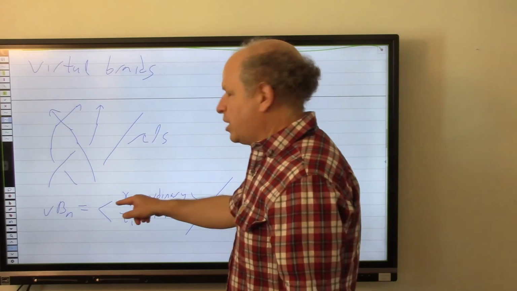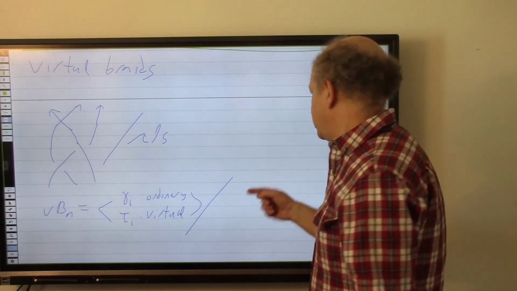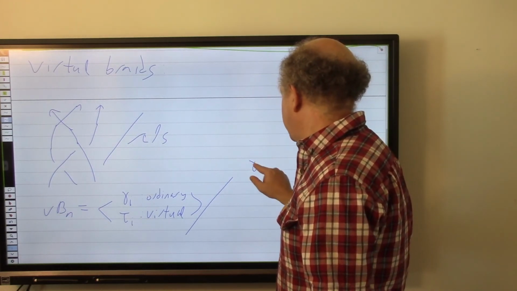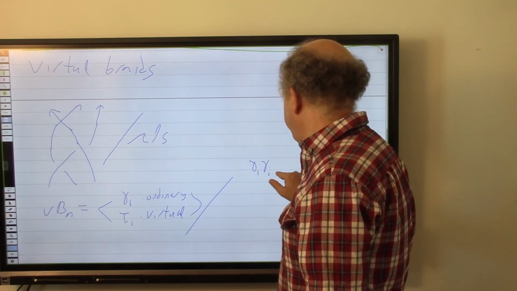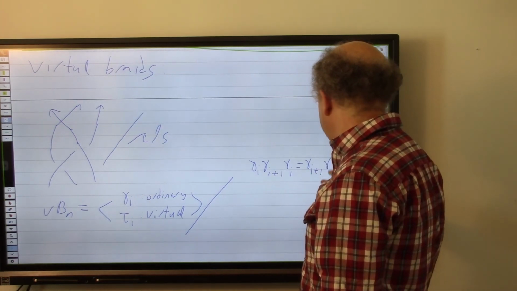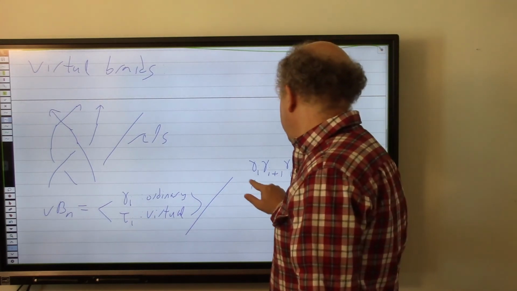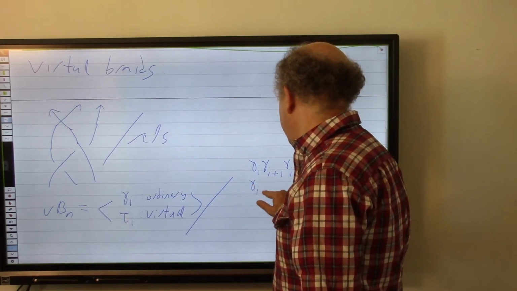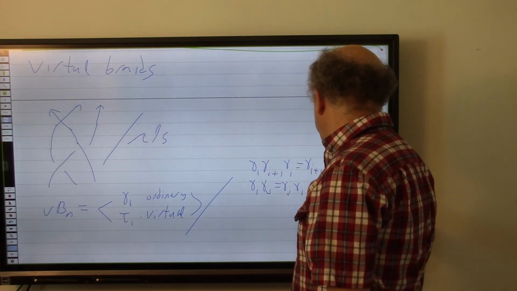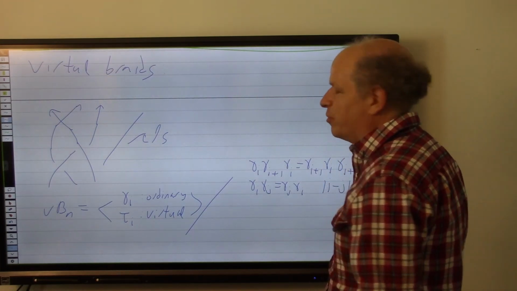The ordinary crossings satisfy the ordinary Reidemeister relations. What were they? gamma_{i+1} gamma_i gamma_{i+1} is equal to gamma_i gamma_{i+1} gamma_i, and gamma_j gamma_i is equal to gamma_i gamma_j if i and j are far away from each other.